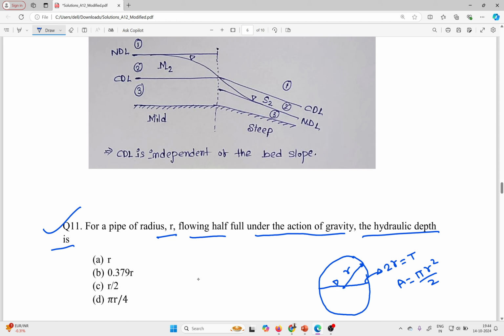Now hydraulic depth is nothing but area by top width, pi r square by 2 divided by 2r. So r will be cancelled out, and 2 times 2 is 4, that is pi r by 4. Option D will be correct for question number 11.